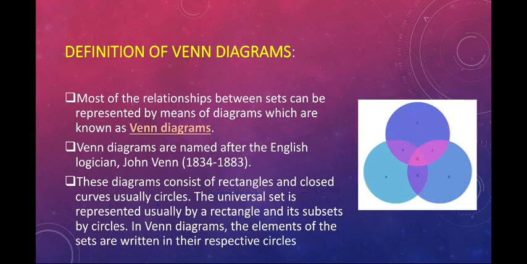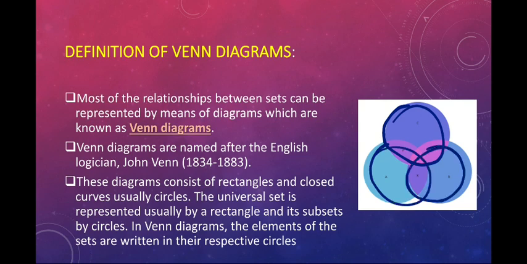The universal set is represented by the rectangle and the subsets are represented by circles. This rectangle represents the universal set, and each of these circles represents a subset of this universal set.